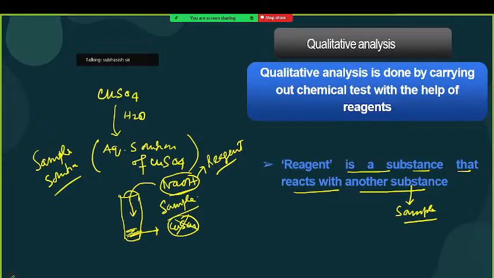So the reagent is the most important part of this analysis, because without using a reagent you can't determine the nature of the salt given to you for qualitative determination.